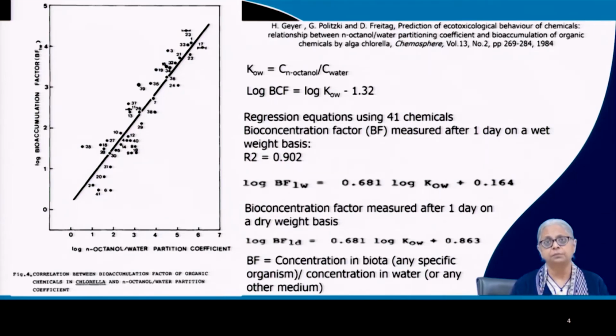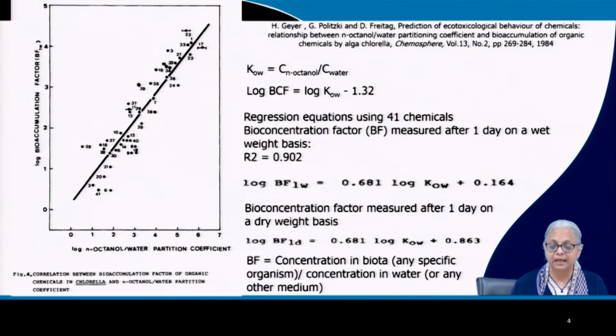Now, chemical factors are much easier to determine, or you can just open a reference book and look at the chemical factor, right? And knowing this kind of relationship exists, you know that there is a high potential for bioaccumulation of these compounds based on their KOW values. So when you have a high log KOW value, it means that compound is going to bioaccumulate in humans as well as the tissue of other higher organisms.